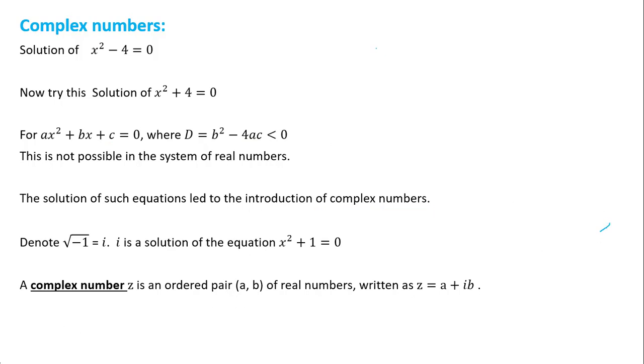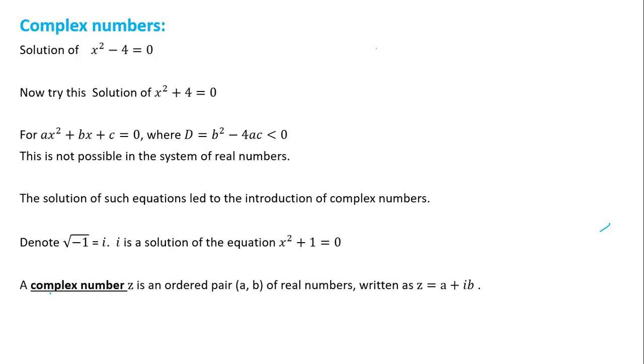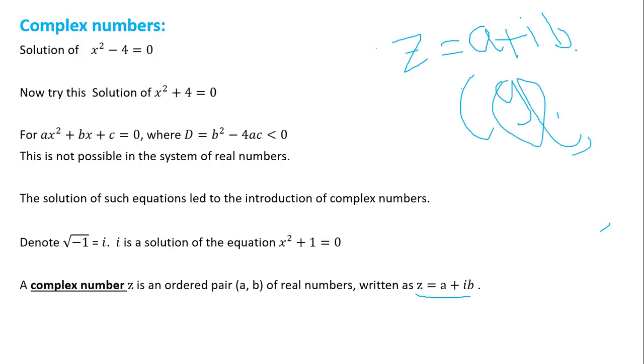This is how we have introduced the system of complex numbers. Now let me give you a formal definition of a complex number. A complex number Z is an ordered pair a comma b of real numbers, written as Z equal to a plus ib, or sometimes simply denoted as a comma b.